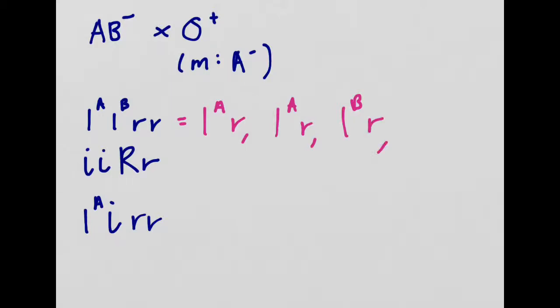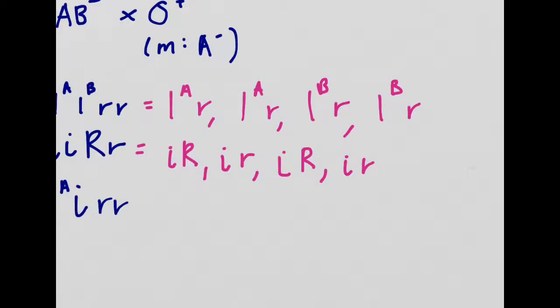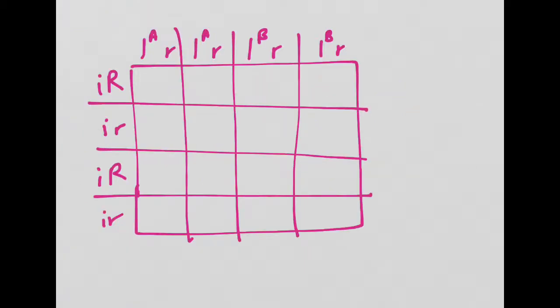And she can be IB little r. So we have to use these and put those into a Punnett square. So your Punnett square should be set up like this.